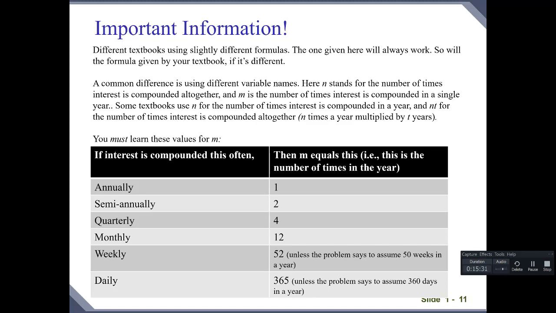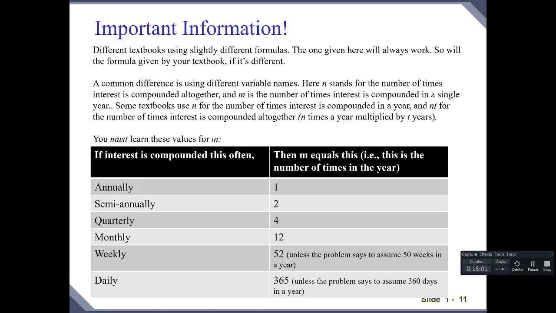There are 4 quarters in a year, just like there are 4 quarters in a dollar. Monthly is 12. So if you see a problem that says interest is compounded monthly, you know that m will equal 12. Later on, you might see a problem that won't say that, but it will say something like you make monthly payments and there's compound interest. That's the same idea for our purposes in this course. If you make monthly payments on a loan, that means your interest is compounded monthly.